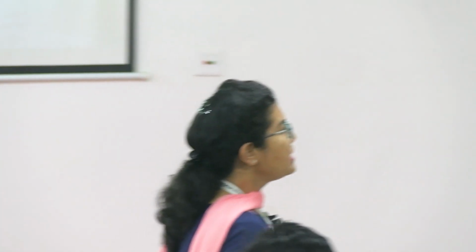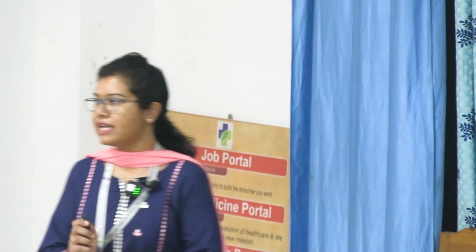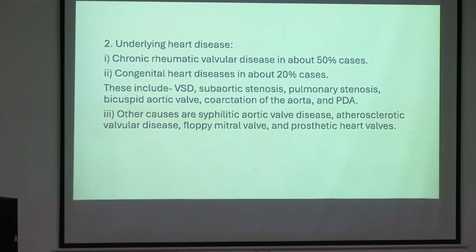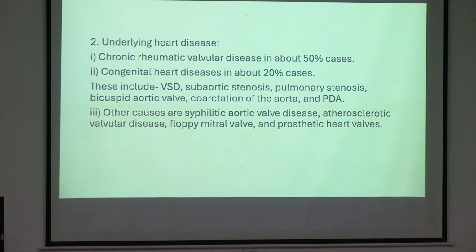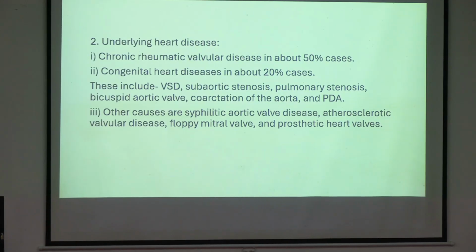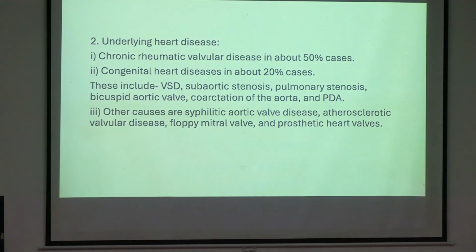Next is any underlying heart disease. Okay, so in case of chronic rheumatic valvular disease, you can get it in 50% of the cases. In congenital heart disease, you can get it in 20% of the cases. So in congenital heart disease, what does this include? This includes VSD. What is VSD? Ventricular septal defect.